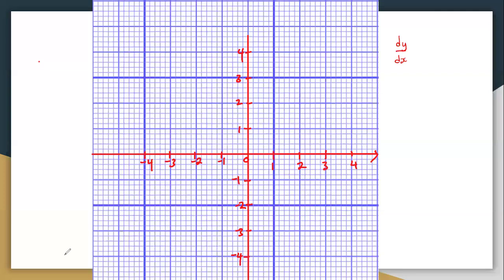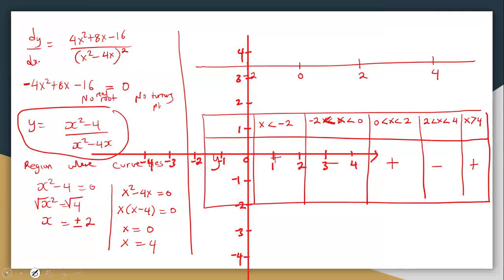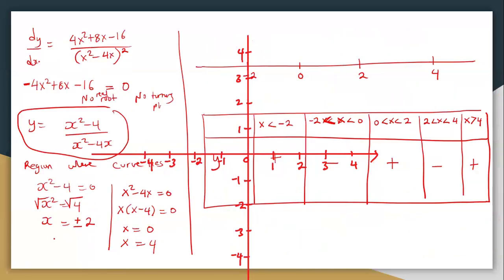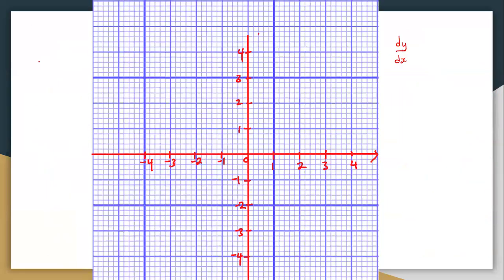So what were the turning points? Sorry, not turning points, intercepts. We had -2, 0 here, right? Then the other was 2, 0.